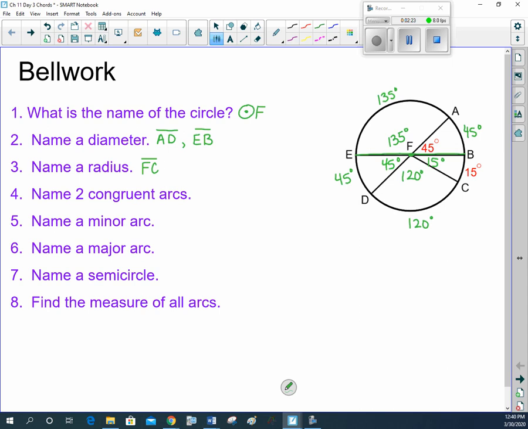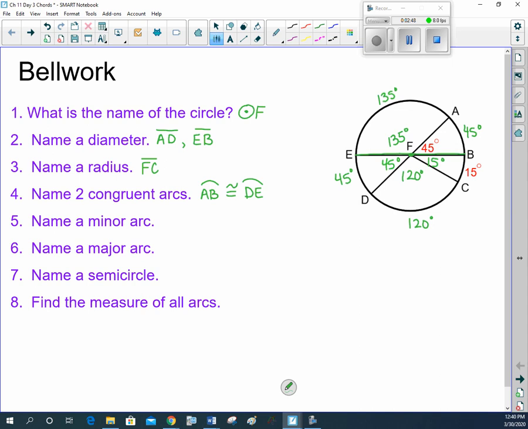Okay, name 2 congruent arcs. All right, so there's lots of things that we could do here that could be congruent. I think I'm going to just go with the easy one right off the bat and say arc AB is congruent to arc DE. Those 2 arcs are congruent. Name a minor arc.